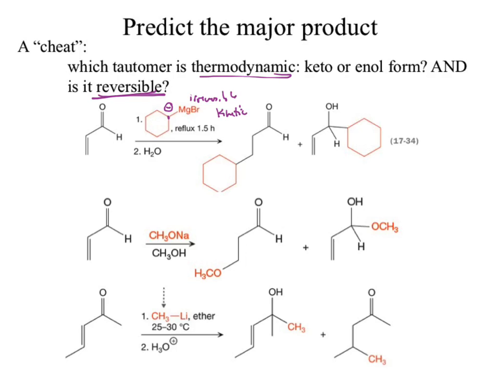We have a negative oxygen, and a negative oxygen is reversible, which means thermodynamic. Last one, a negative carbon, irreversible, and kinetic. So we at least know what we're aiming for.